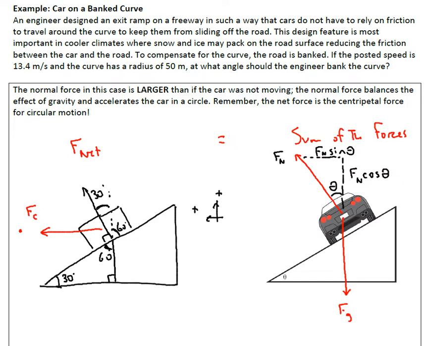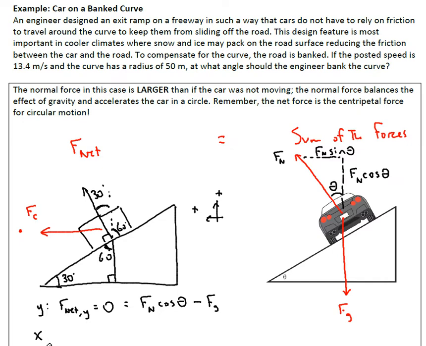From here we get two equations. In the y direction, we know this thing's not moving up or down, so our net force in the y direction must be equal to 0. Fn cos theta upwards minus force of gravity must be equal to 0. That is one equation.